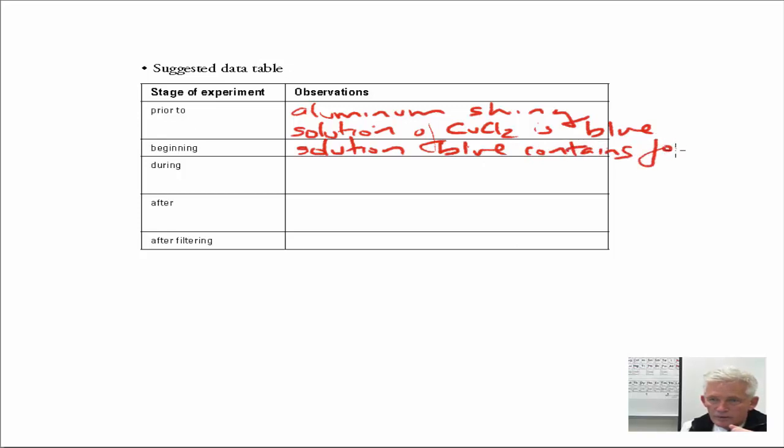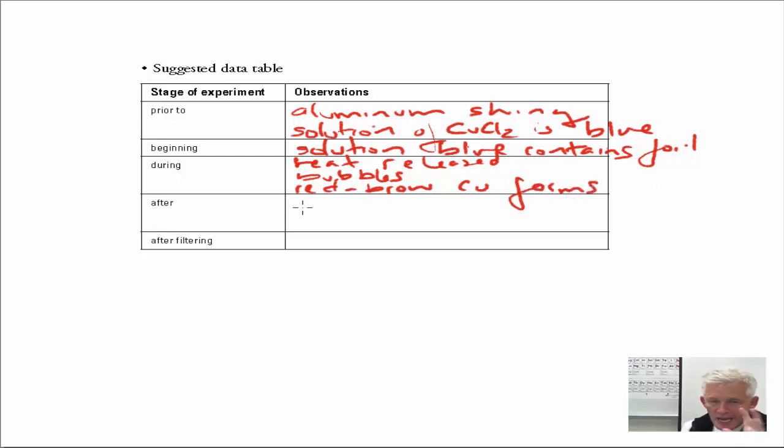foil. And this is where during the reaction you should notice that energy is given off, heat is produced, evidence of a chemical reaction, heat released, bubbles. It can actually get rather hot. And what you are going to notice is that red-brown copper metal, or atomic copper, forms in that solution.